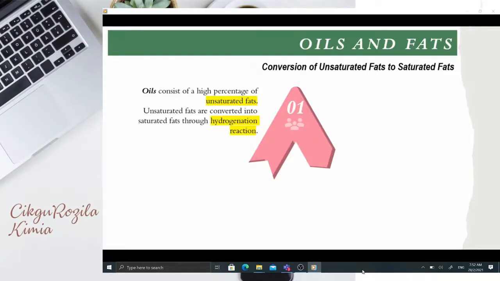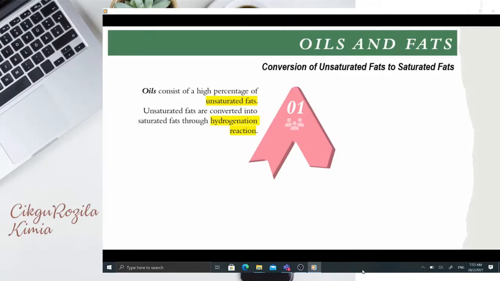facts-nya. Okay, oils consist of high percentage of unsaturated fats. Okay, unsaturated fats are converted into saturated fats through hydrogenation reaction. Do you remember the hydrogenation reaction? Whereas alkene akan tambah hydrogen gas into the molecules menghasilkan alkane.